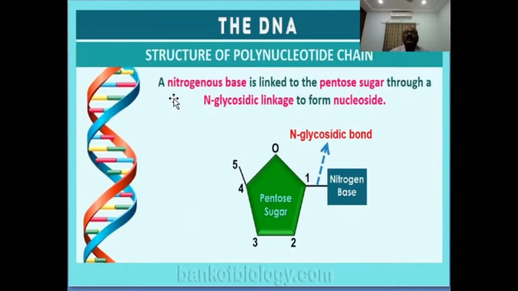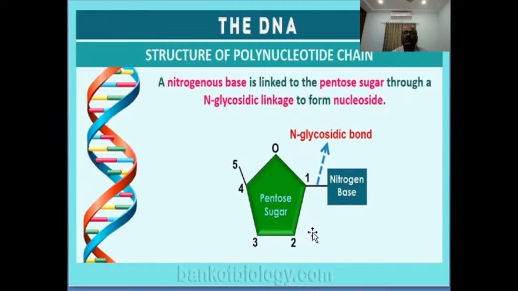A nitrogen base is linked to a pentose sugar through an N-glycosidic linkage to form a nucleoside. So, nucleoside means nitrogen base and sugar, the two together are called a nucleoside. That means here there is no phosphate. So nucleoside plus phosphate together are called a nucleotide. The nitrogen base and pentose sugar are connected with one bond, that means the N-glycosidic bond.